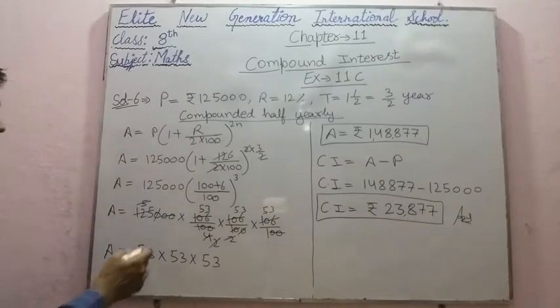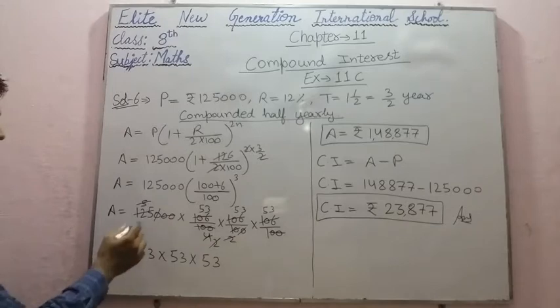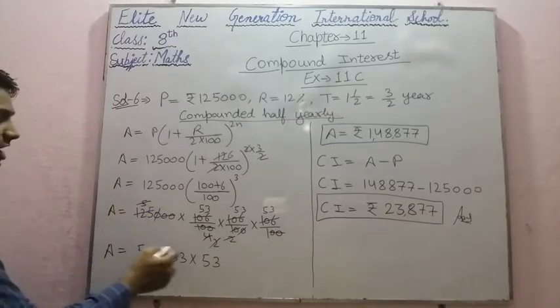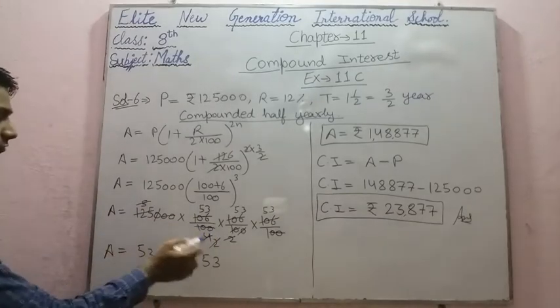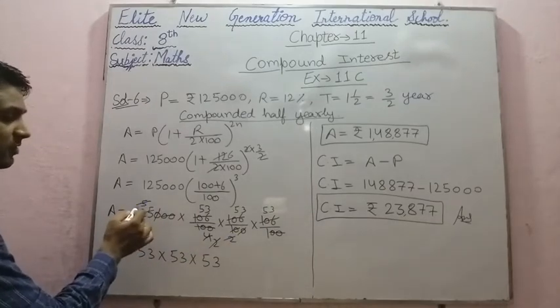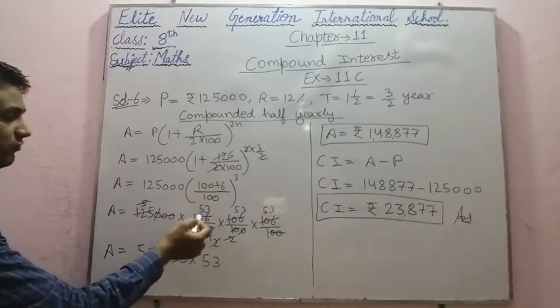Now we can cancel this. So these three 0s will be cancelled by these 0s, and after this we will cancel this 125 by the table of 25, 5 times, and this 100 will be cancelled 4 times by the table of 25. Similarly here also we will cancel this 10 by the table of 5, 2 times, and in this 106 will be cancelled by this 2, 53 times.